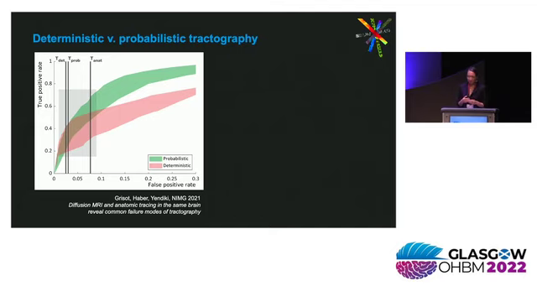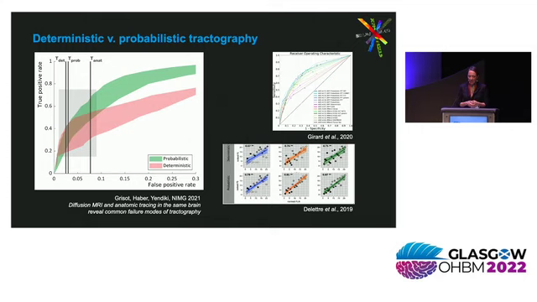When you compare them at the same false positive rate, probabilistic tractography has a higher true positive rate in general than deterministic tractography. And we find this consistently regardless of the Q-space sampling scheme and the orientation reconstruction method. There is some converging evidence for that from other studies that have compared the endpoints of tractography only.